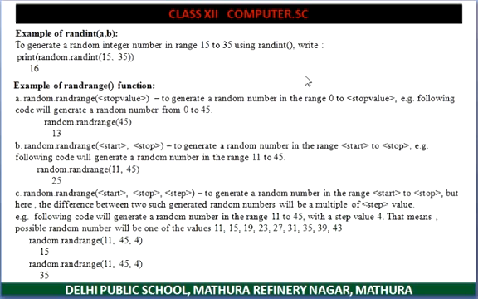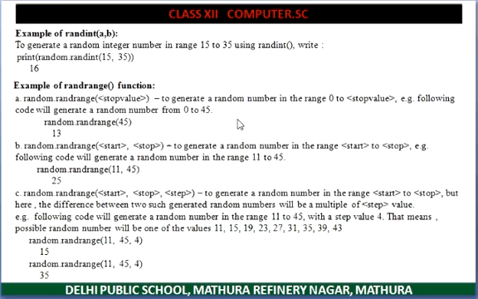Now an example of the randrange function. There are three variations of randrange. First, random.randrange(stop value). It generates a random number between 0 and the stop value. For example, to generate a random number between 0 and 45, you need to write random.randrange(45). So it will generate any number between 0 and 45.